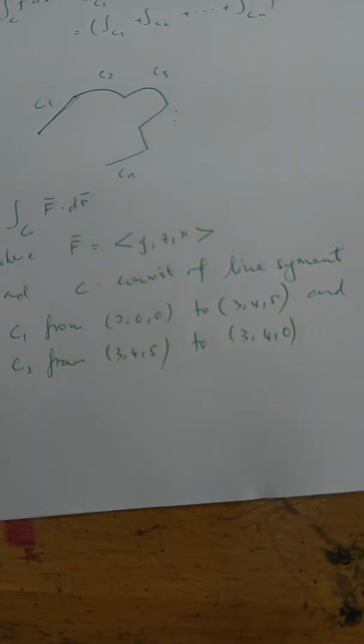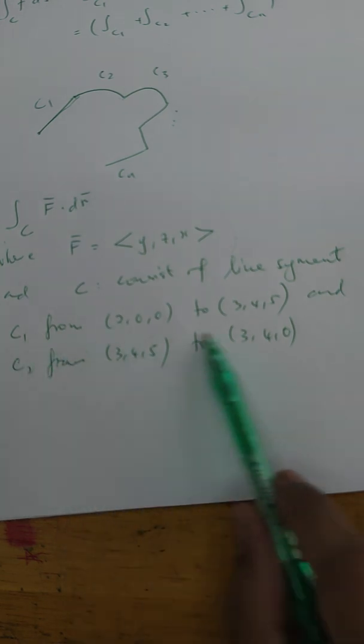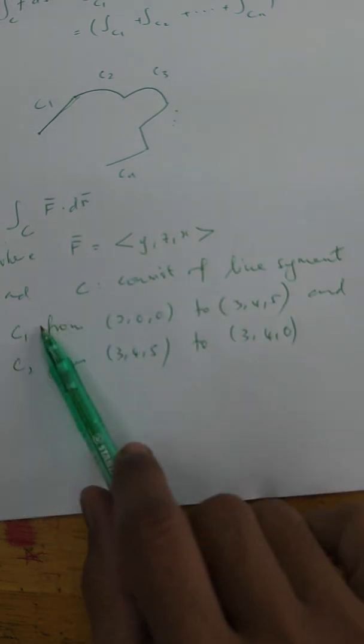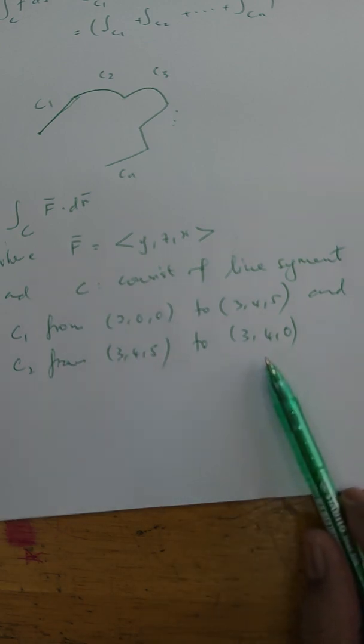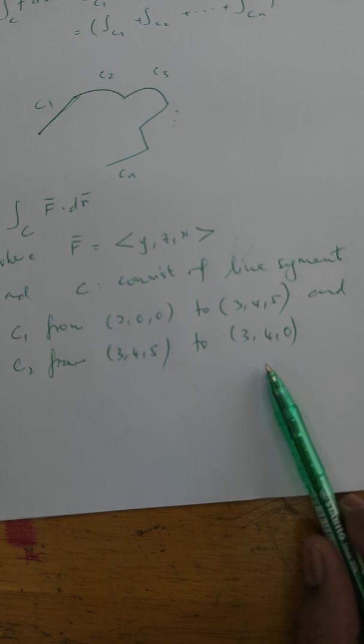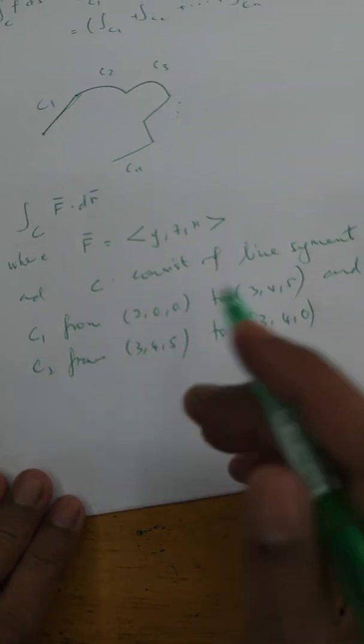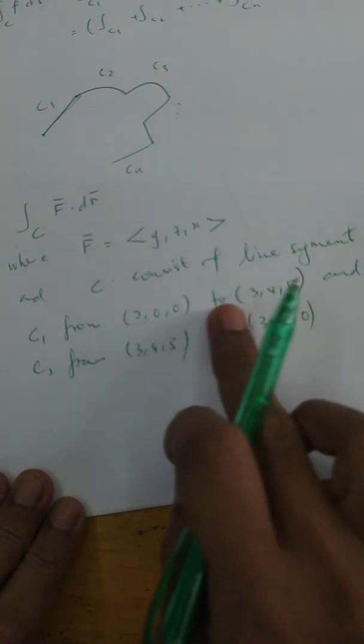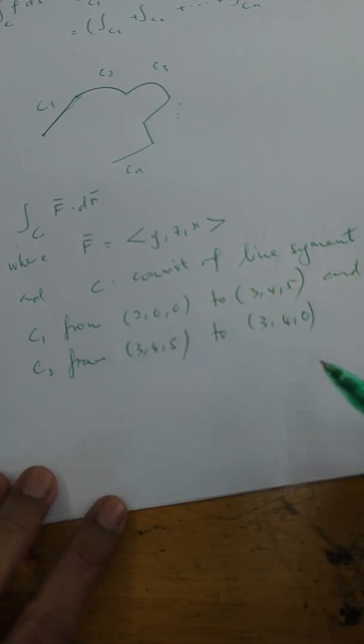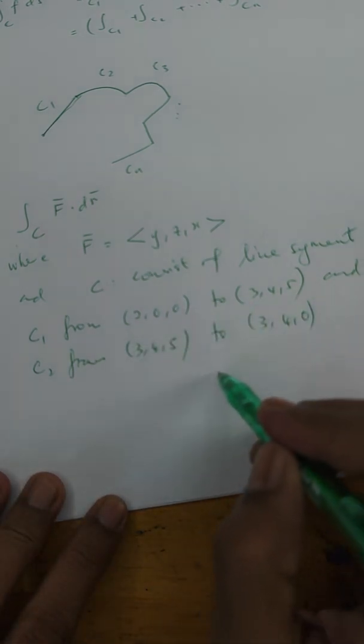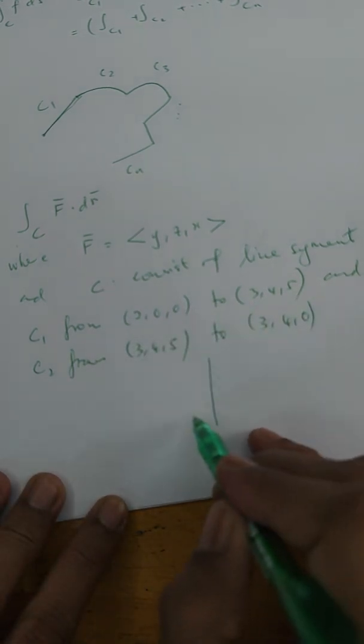So that's our C. If you look at C1 and C2, if you sketch this, it will give a clearer view of what our curve looks like. This is in 3 dimensions because we have 3 coordinates x, y, z. So let's sketch it.